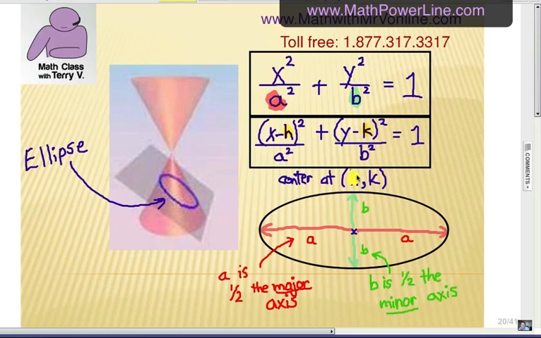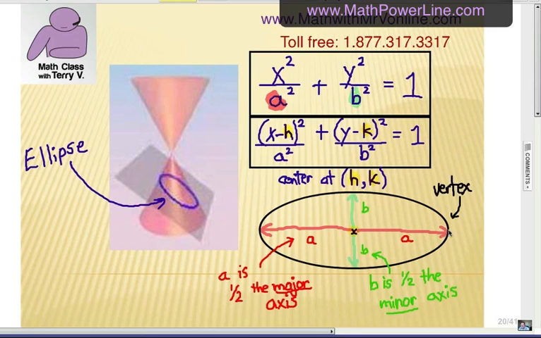So the ordered pair of where the center of this ellipse is the h value and the k value. All right, and that'll be, of course, this point right here. So it's important to note that if the equation is in this form, you want to pick out the h and the k value if it's shown for you, and that's where you locate the center of this ellipse. And then you can look at the a and the b values and stretch it out from there.